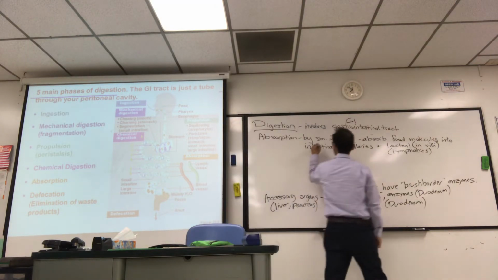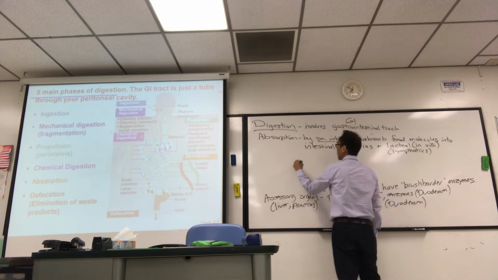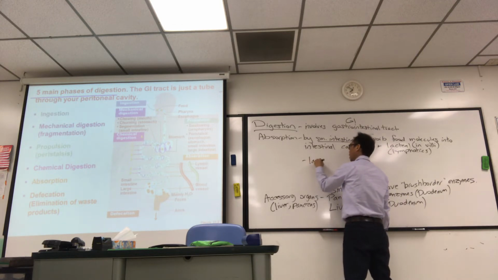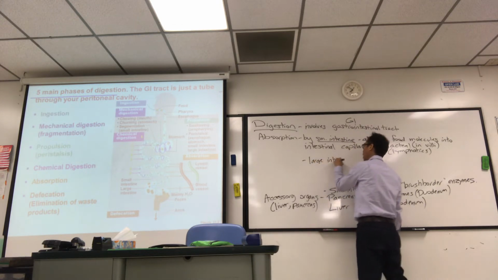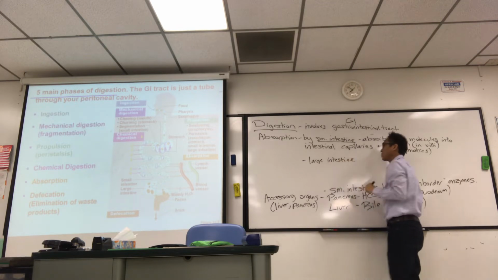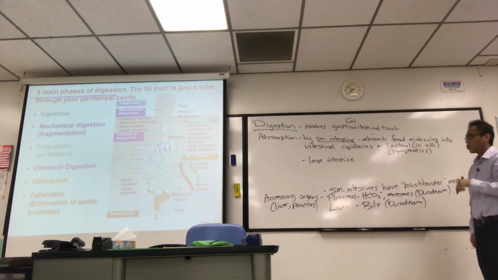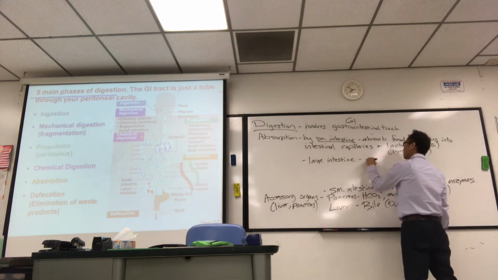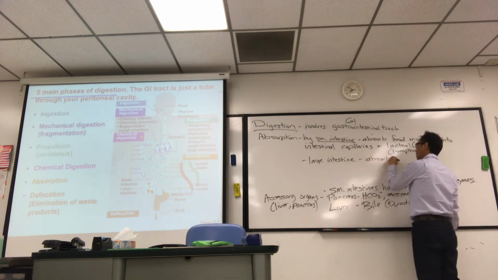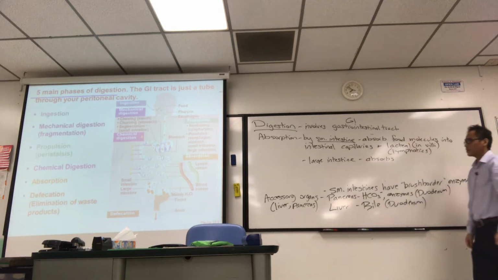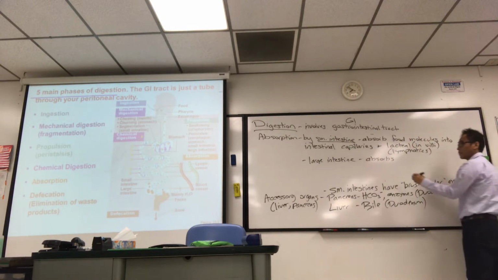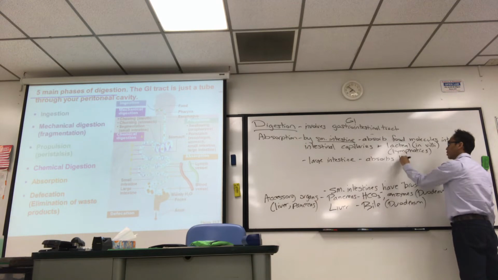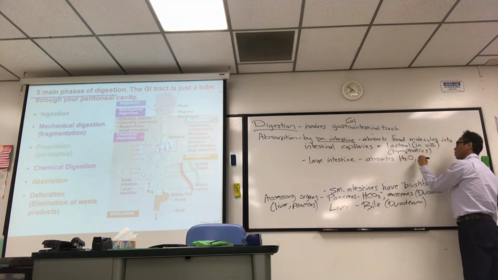So the small intestine is followed by the large intestine. The large intestine mostly absorbs water and fat-soluble vitamins, whatever's left after the small intestine is finished absorbing most of the food.